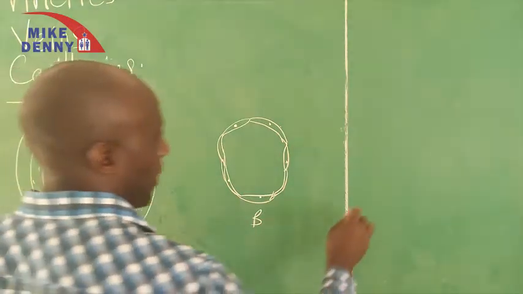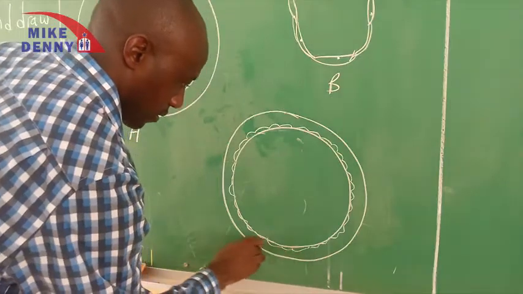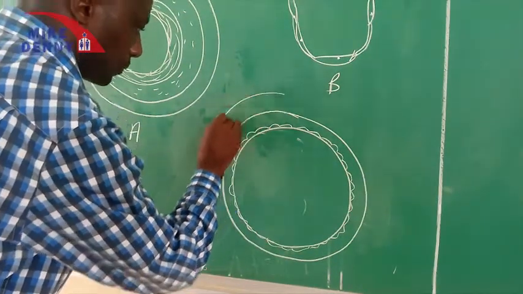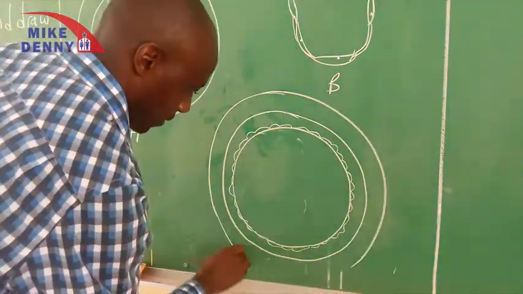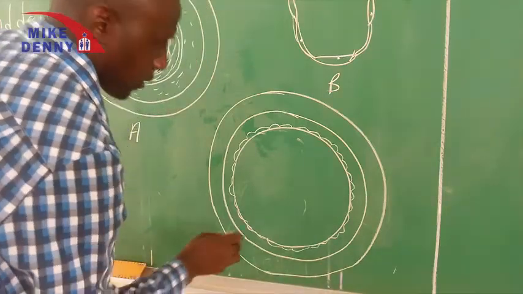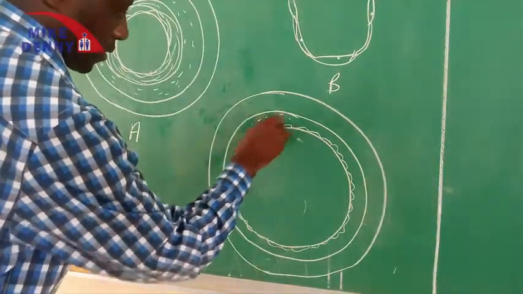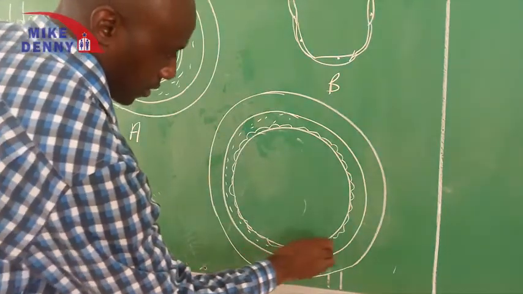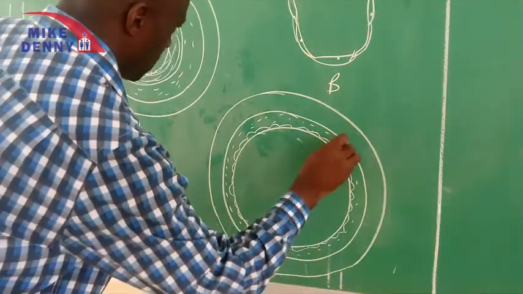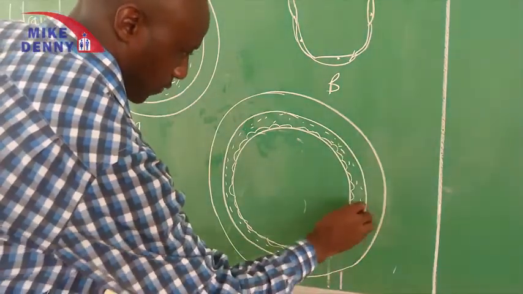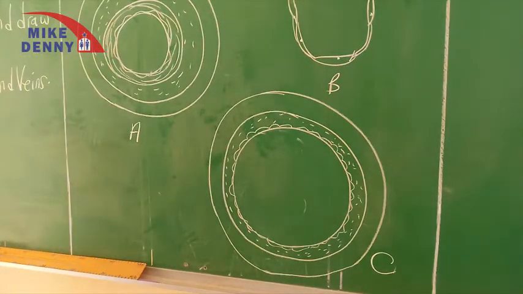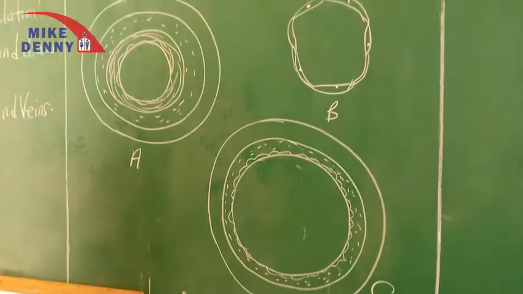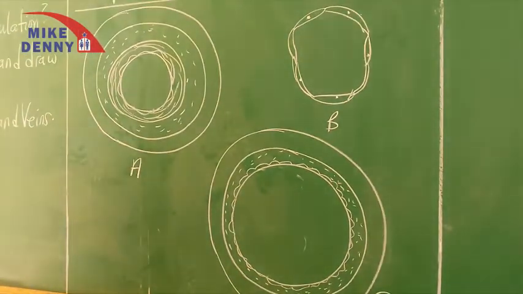This is B. We say this is C. Okay, let's look at these vessels. Can we distinguish them? The three different vessels, A, B, C.